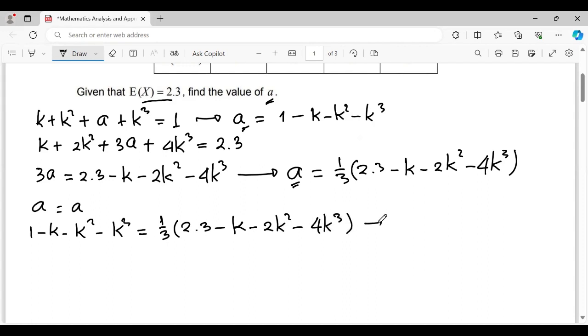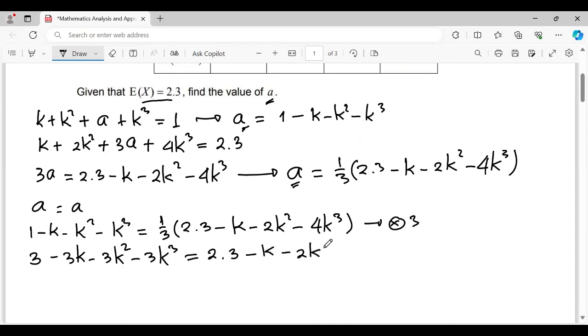After that, multiply by 3. It's going to be 3 minus 3k minus 3k squared minus 3k cubed equals 2.3 minus k minus 2k squared minus 4k cubed.